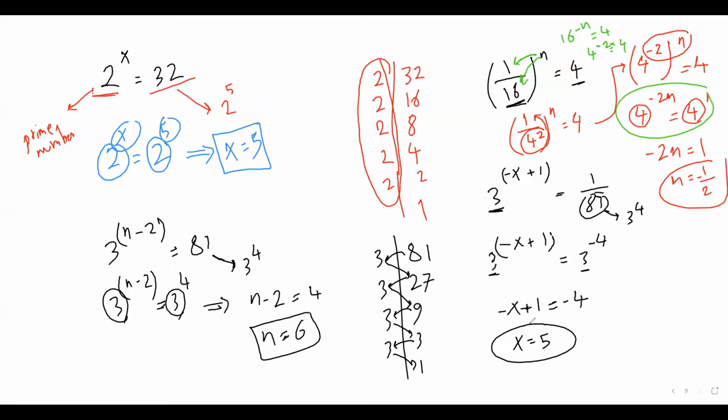So these are quite easy exponential equations because we haven't touched the fractional indices yet, which is the last topic for today. So what is fractional indices? Anything like 16 raised to the power of half, right? As you can see, the power is a fraction.